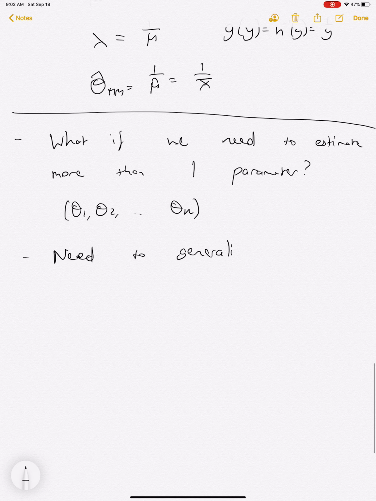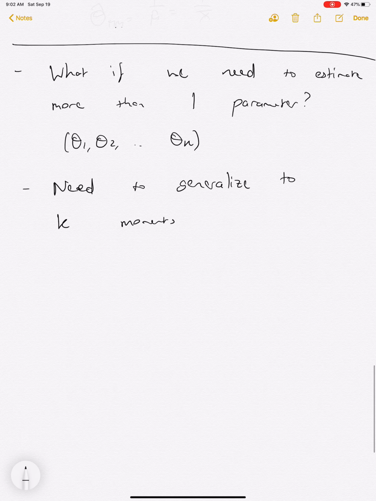So to use our information in a more efficient way, we need to generalize to k moments. I believe you've seen this, but if you haven't, it's okay. I'll just remind everyone.